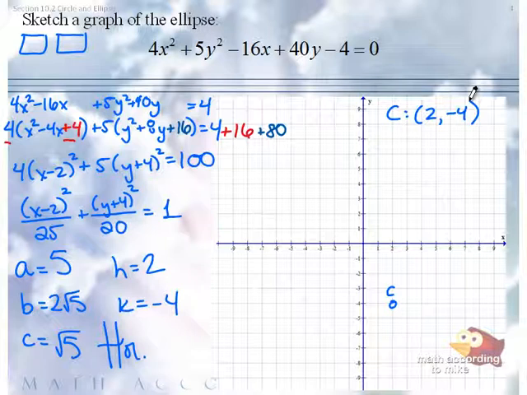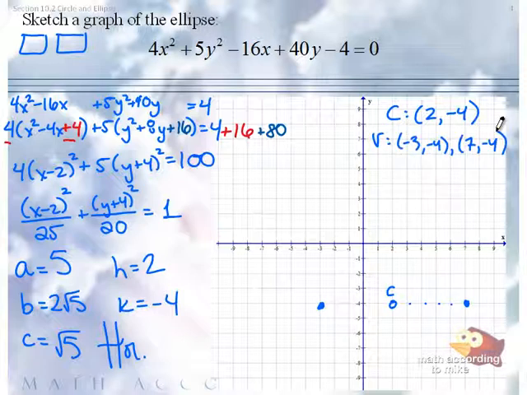What direction do I move for the vertices? Left to right, 5 units. 1, 2, 3, 4, 5. So your vertices are 7, -4, and -3, -4.